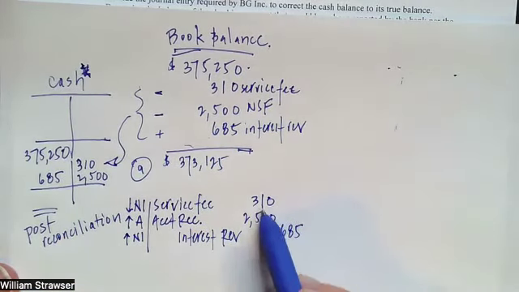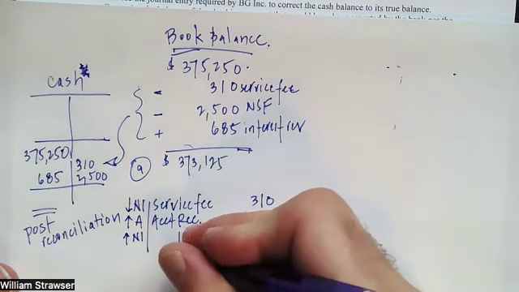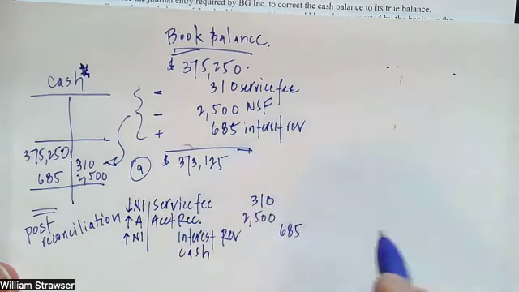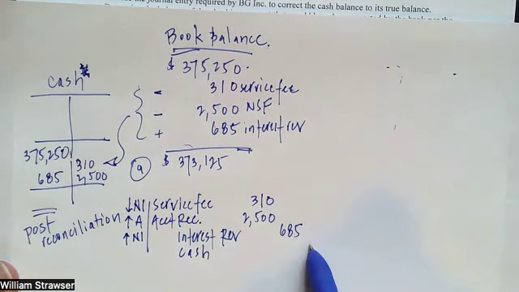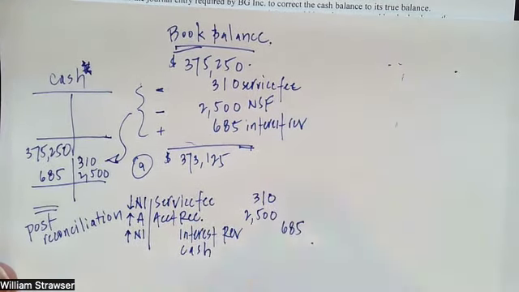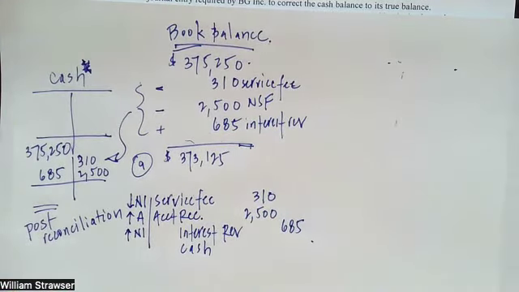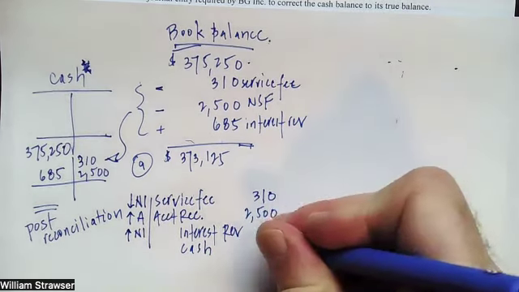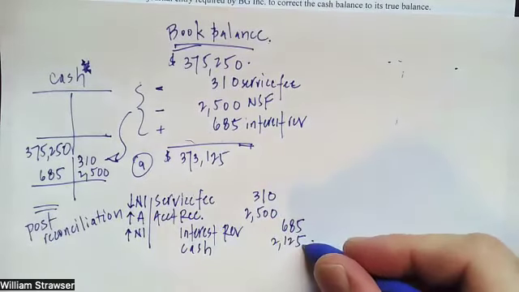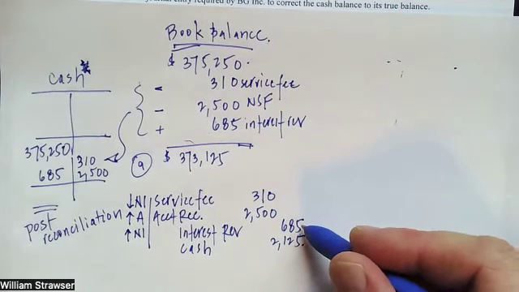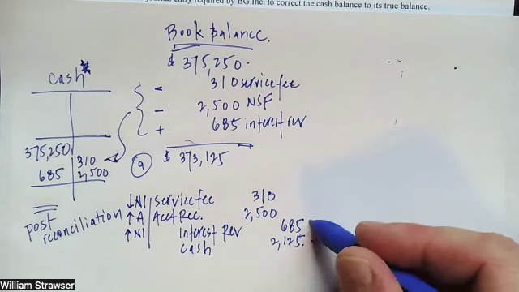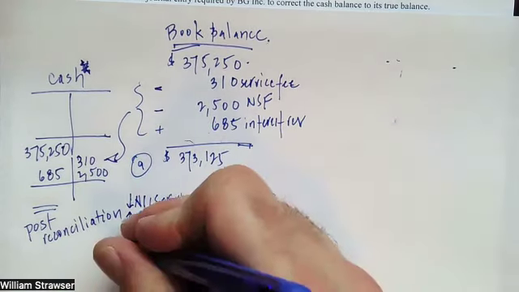In this case, I know that debits always have to equal credits, so I can just make one entry to the cash account here, because this is 2,810 altogether. And that means if that's 2,810, then I need another $2,125 of credit, added to 685 to get to 2,810 total credits.